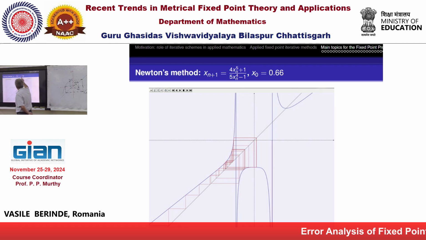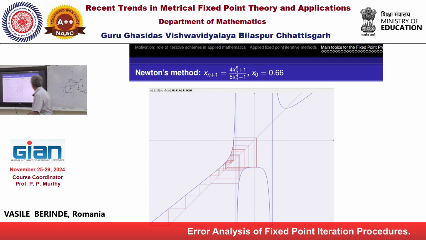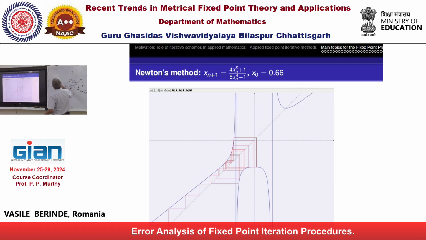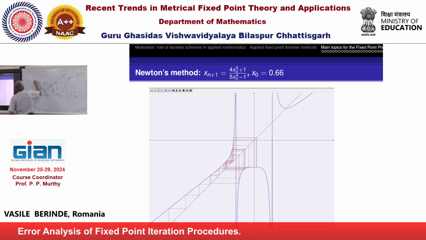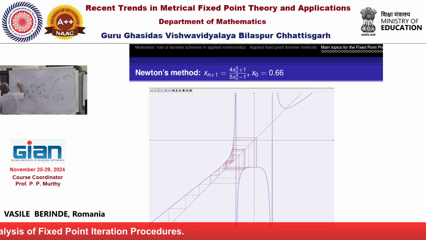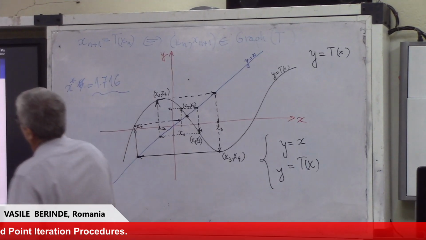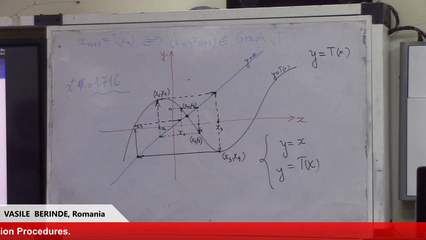So if we start, if you remember, I'm not sure, but the solution is 1.716, something like this. This is x star. Here it is. Here is 0, here is 1.